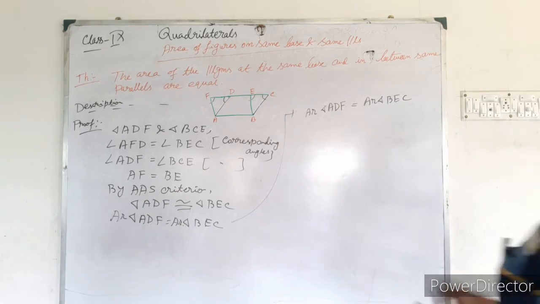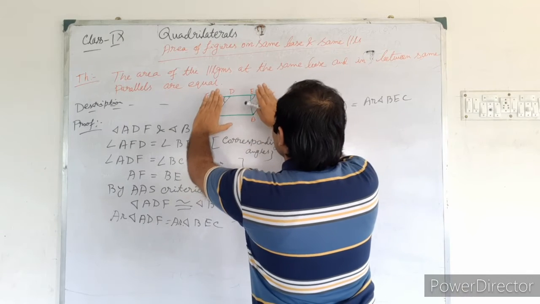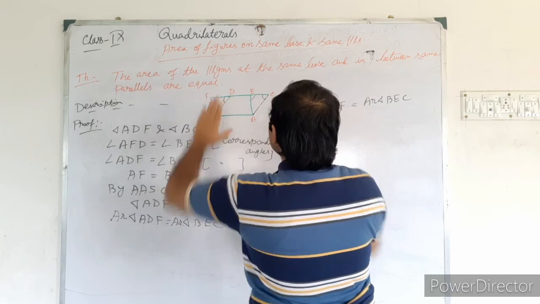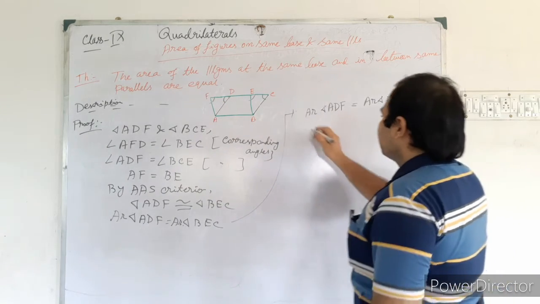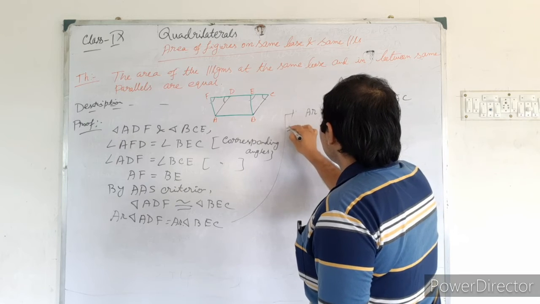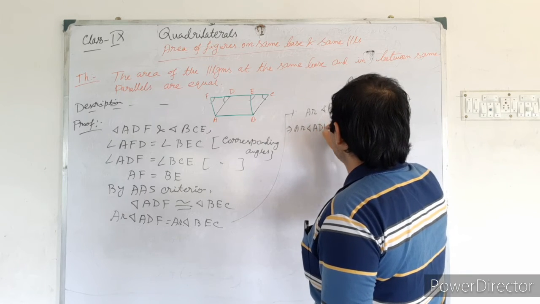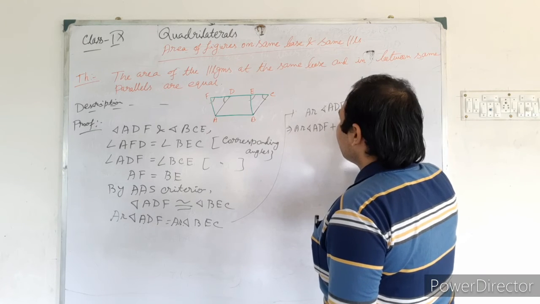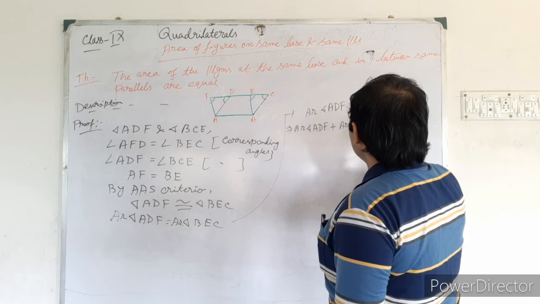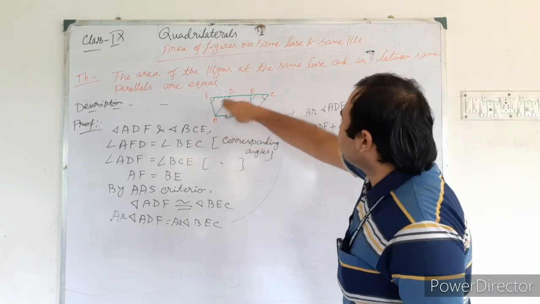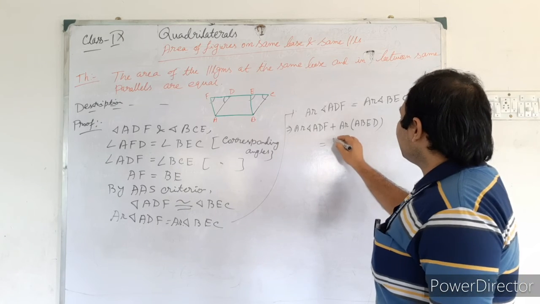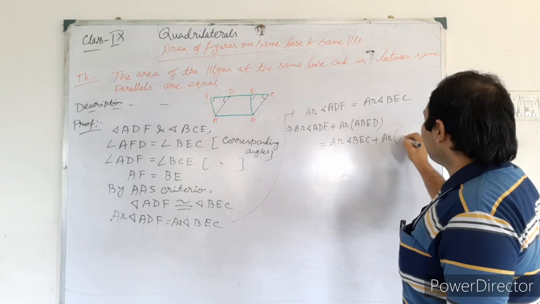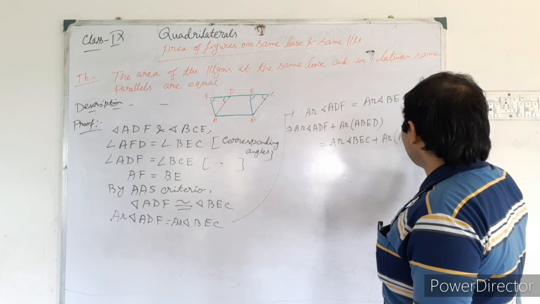Now if we erase those two figures, what is the figure left here? ABED. Let us join those. This implies that area of triangle ADF plus area of ABED, which you can take as a trapezium, is equal to area of triangle BEC plus area of that trapezium or quadrilateral, whatever you can write.